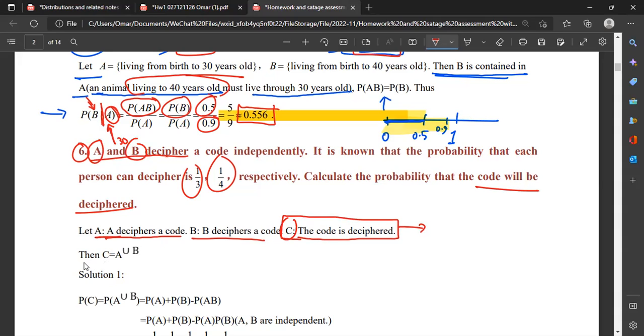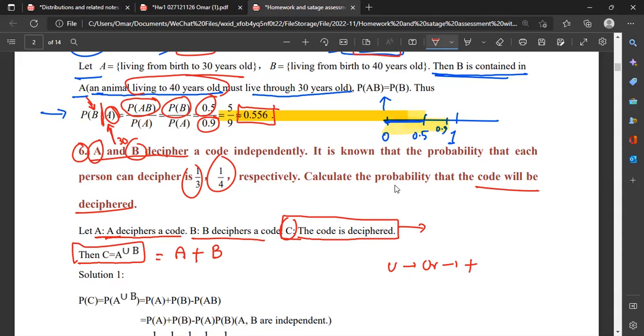So C will be A union B, because the code can be deciphered by A. You know that union means or, it means plus. The code can be deciphered by A, or it can be deciphered by B, right? So C will be A union B, A or B, okay?